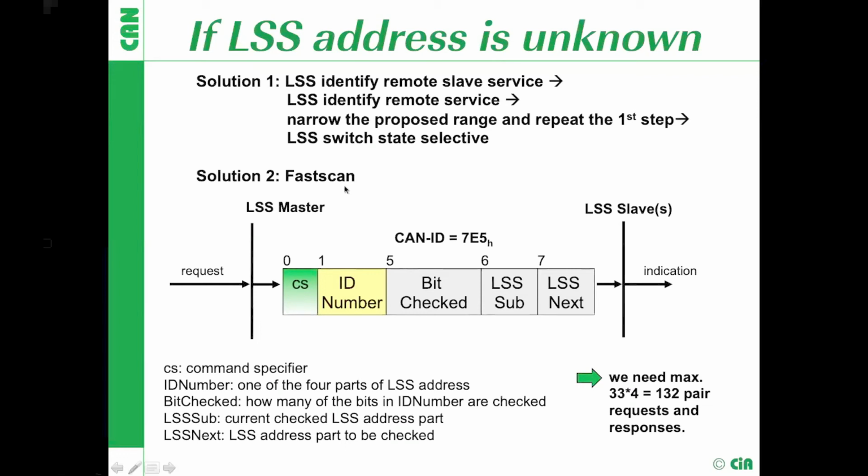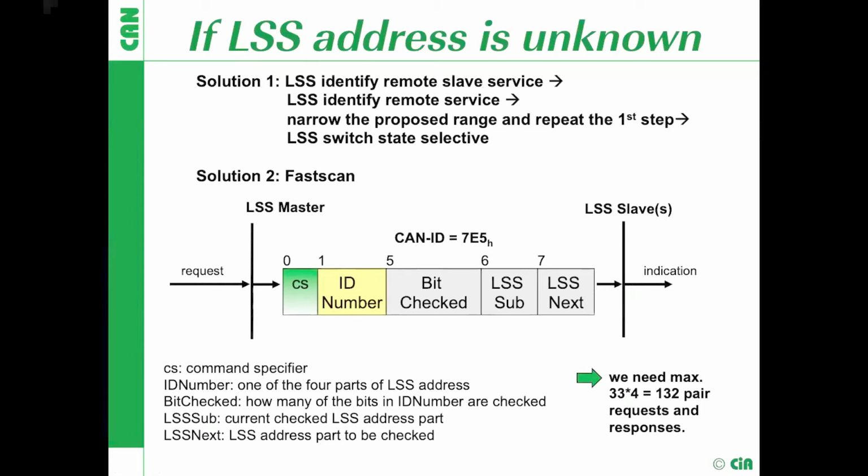So solution 2, fast scan. This service uses only one message. Here you can see the protocol. The data field ID number contains one of the 4 parts of the LSS address. The vendor ID or the other 3 parts of the LSS address will be bitwise scanned. If there is at least one response from LSS slaves received, the bit is set to 0. Otherwise, the bit is set to 1.